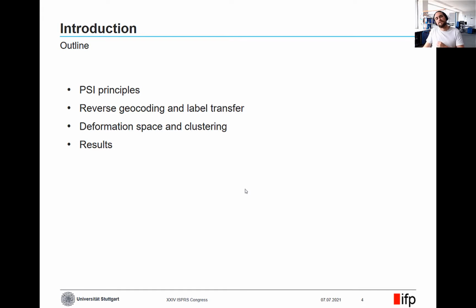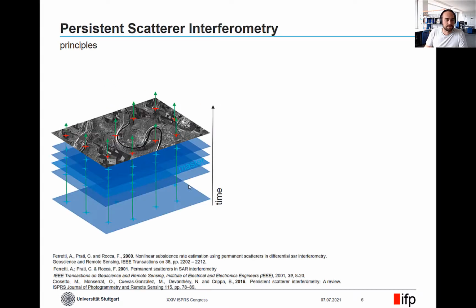I will first shortly explain the PSI principles, then my geocoding approach that I used for the label transfer. Then I will explain the deformation space and the clustering method I used here. And finally, I will show some results.